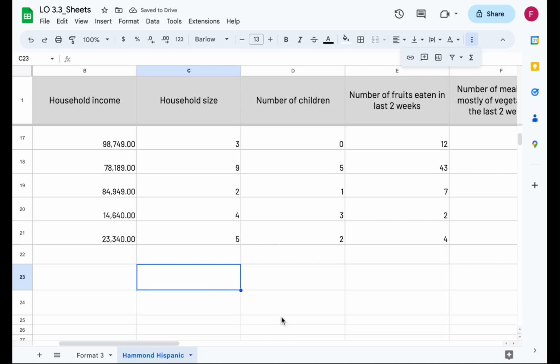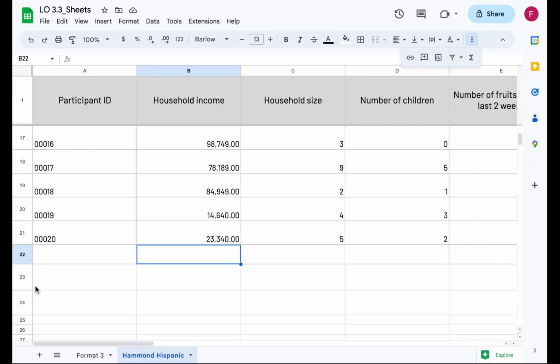Then I think the last one to do is minimum and maximum. How minimum and maximum works is, in this household income, you're trying to figure out the least amount of income that somebody is earning.